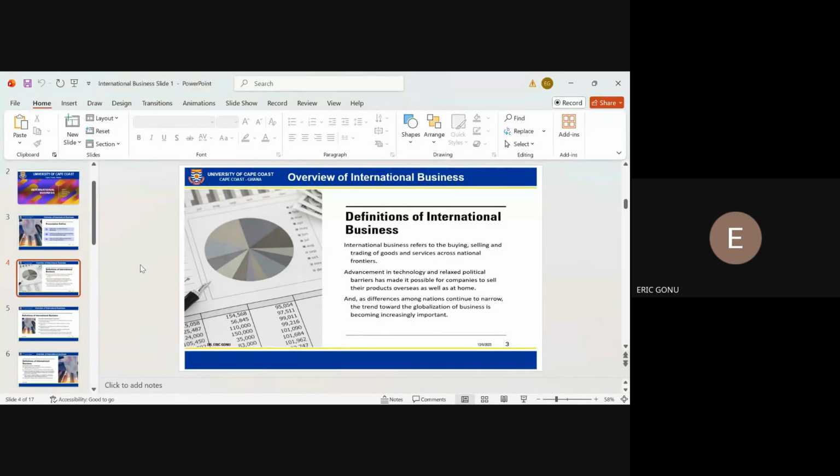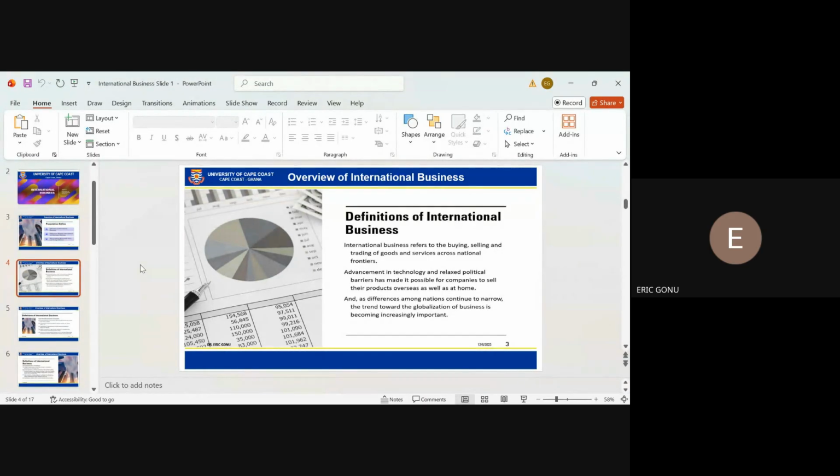Like banking services is something we enjoy. We don't hold banking service. Hospitality, like hotel services, we enjoy. So if you have a company like Golden Tulip or Lancaster Hotel, they are not from here, but they are providing services for us to enjoy. Airlines provide services.